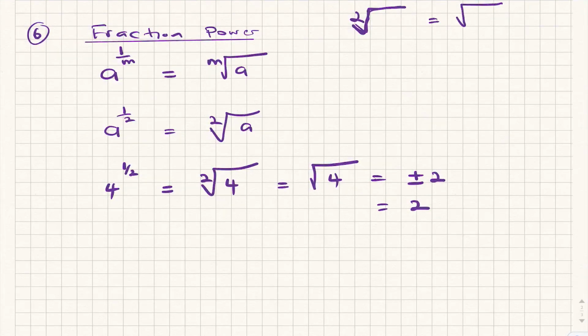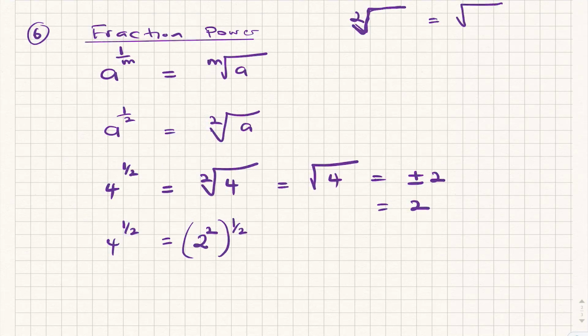Another way of doing that is to say 4 to the power of a half is the same thing as, well, 2 times 2 is 4, so that's 2 squared, to the power of a half.